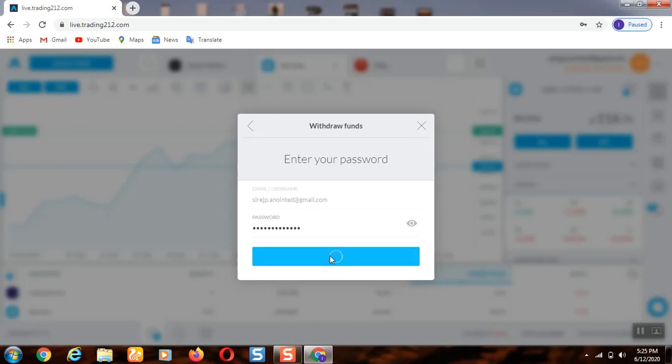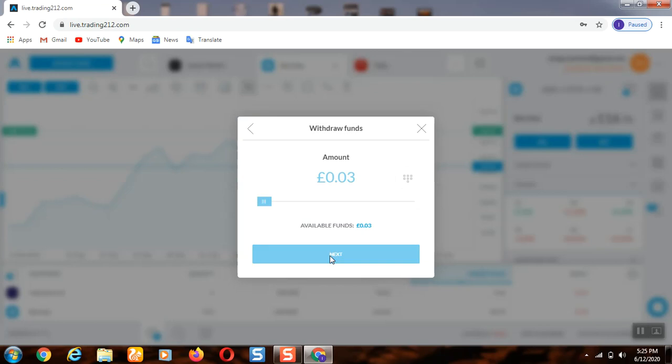My password is already there, so I simply confirm. That's an extra security measure. They are showing me the exact amount that is free, which I can withdraw, and the minimum I can withdraw is £1, so I can't make a withdrawal. Unless I sell, I can't withdraw. So that's how it works.